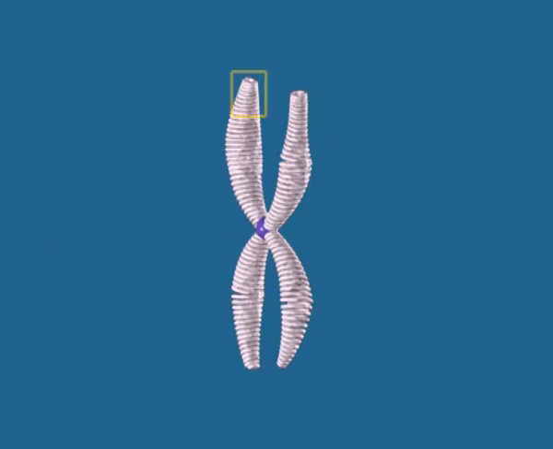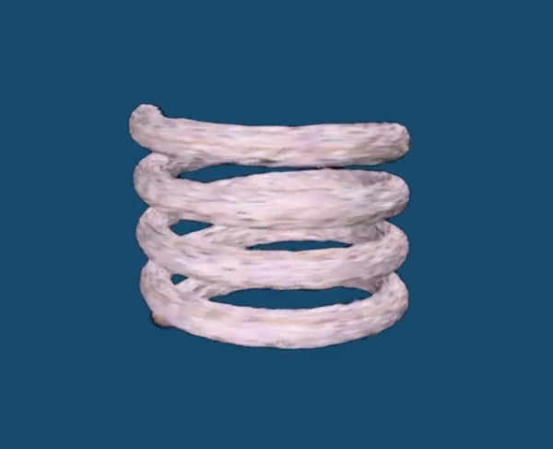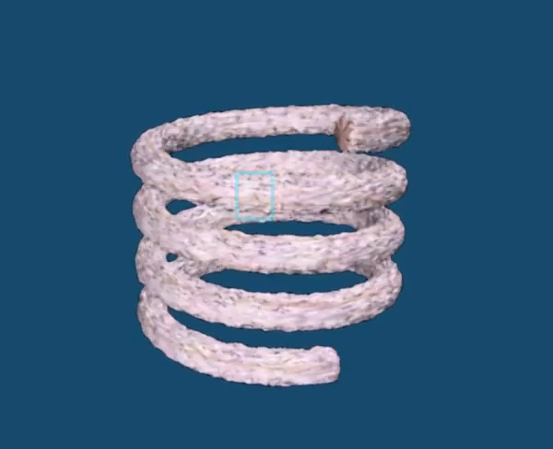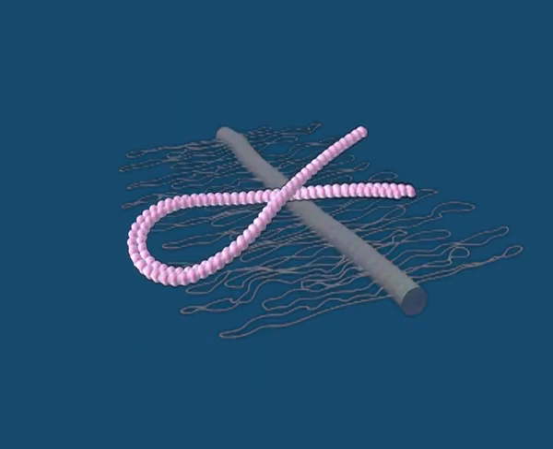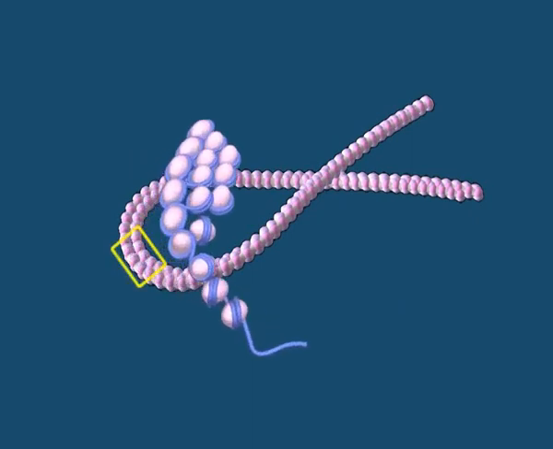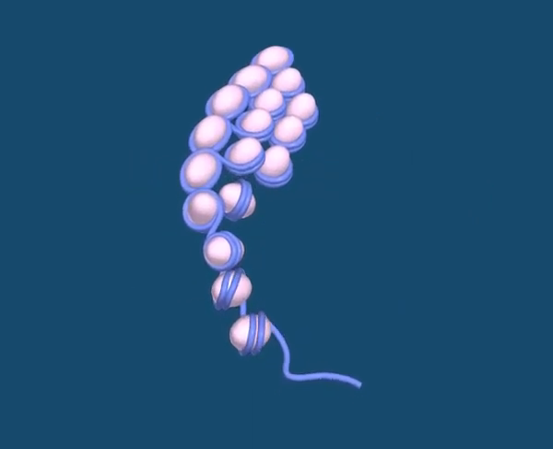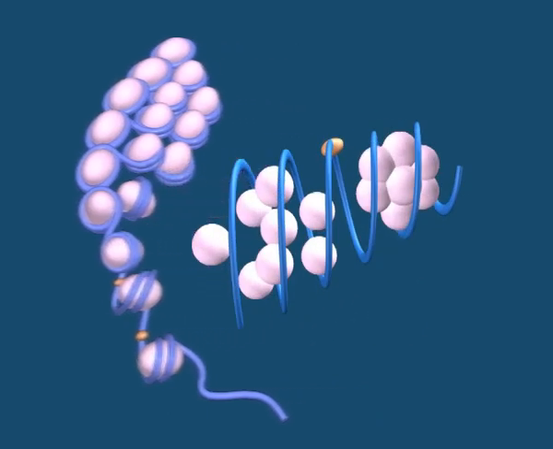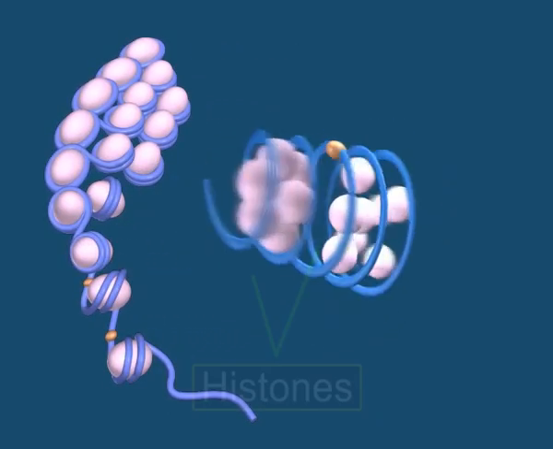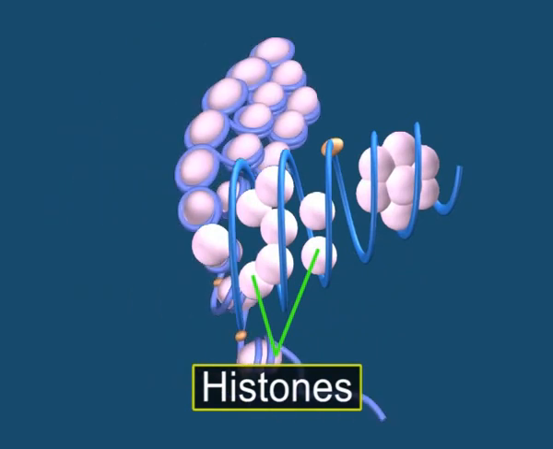The DNA is wrapped around the protein and then twisted together again in the shape of a spring. Each chromatid is made up of tightly bound DNA wrapped around histones.